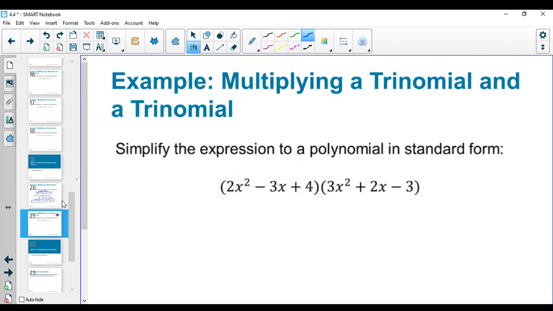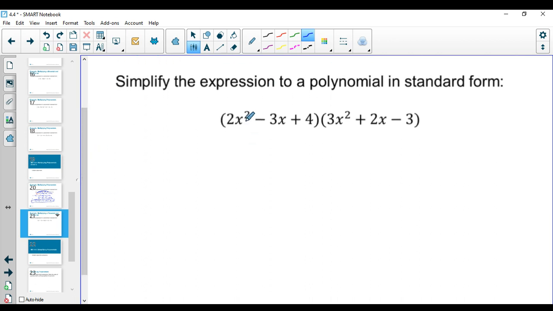But then the other way is, and you can do trinomials and trinomials, the other way is the box method, which is how Delta Math likes it done.